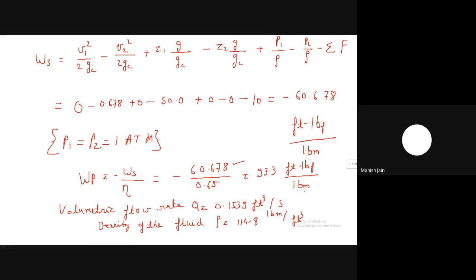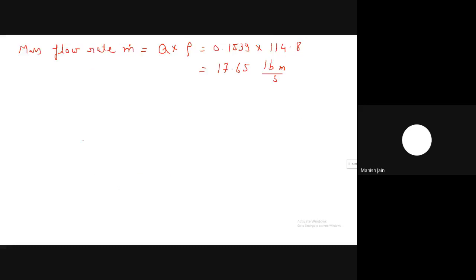Okay. So basically the pump power is equal to wp multiplied by m.